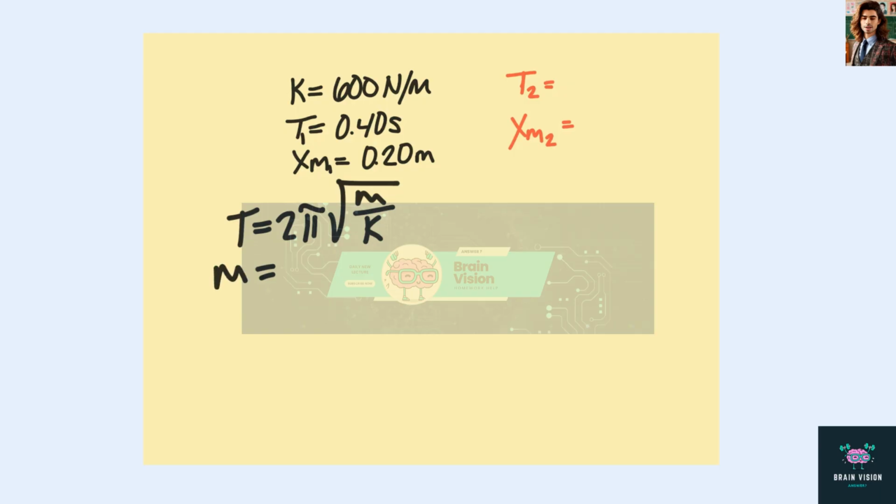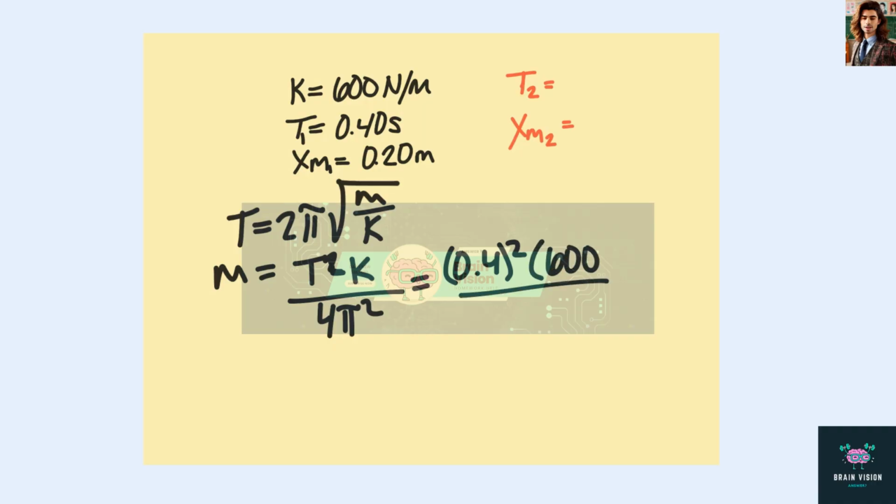So we'll have mass equals T squared times the spring constant divided by 4 pi squared. Substituting in our values, we have 0.4 squared times 600 divided by 4 pi squared.